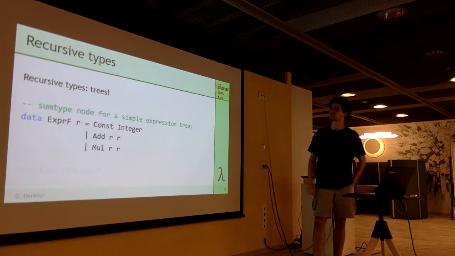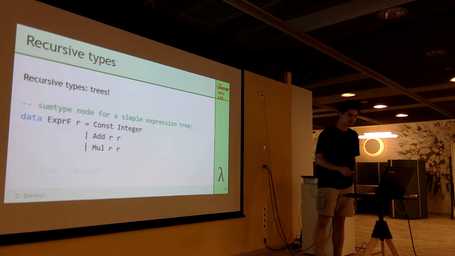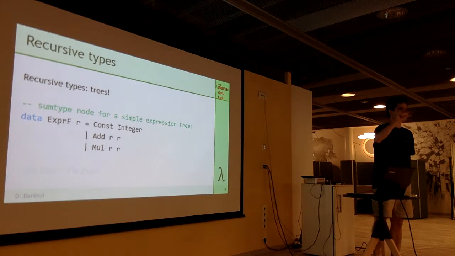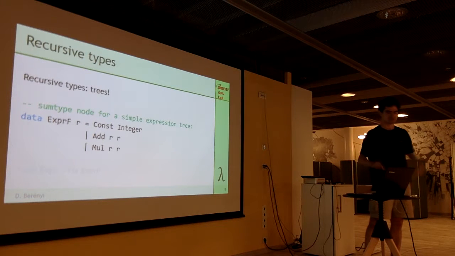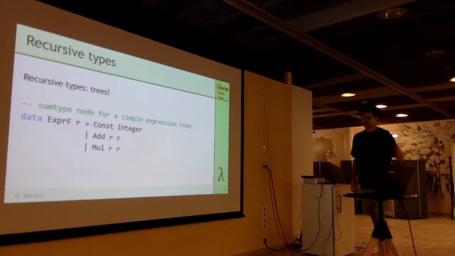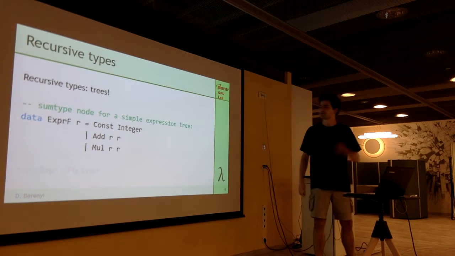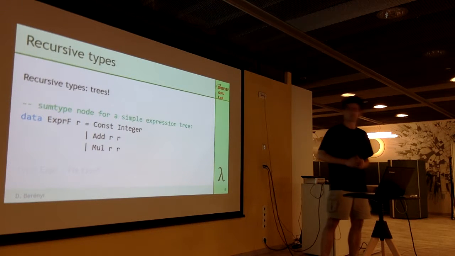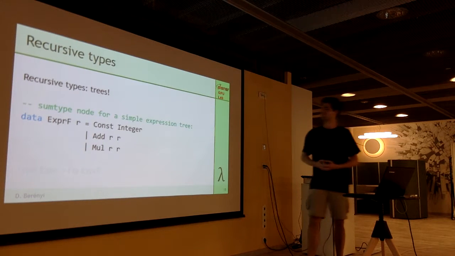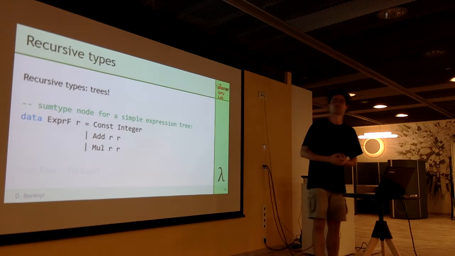Now, we are going to use this to build trees by just defining one level of the tree without recursion, but expecting one argument that will be itself, and then use this type level fixed point combinator to create the recursive type that we'll be using to represent the tree.